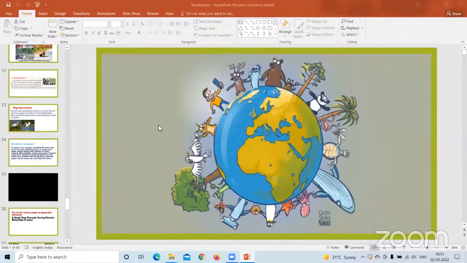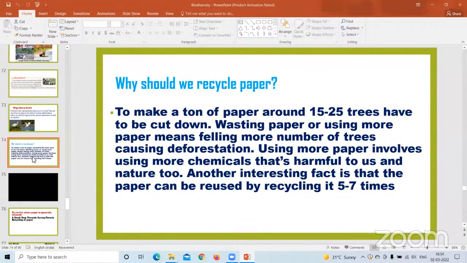What is the color of the pulp? Actually, the color of the pulp is brown. So to remove the color, they added some chemicals to the pulp.